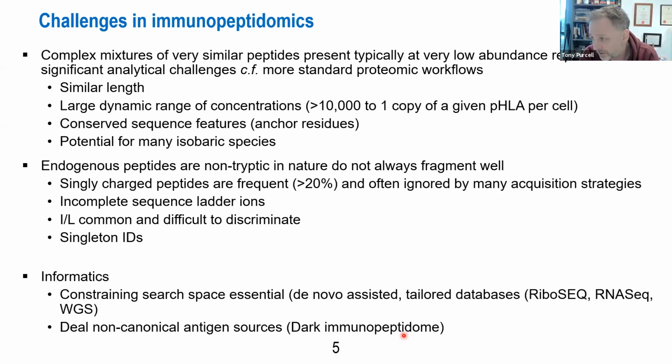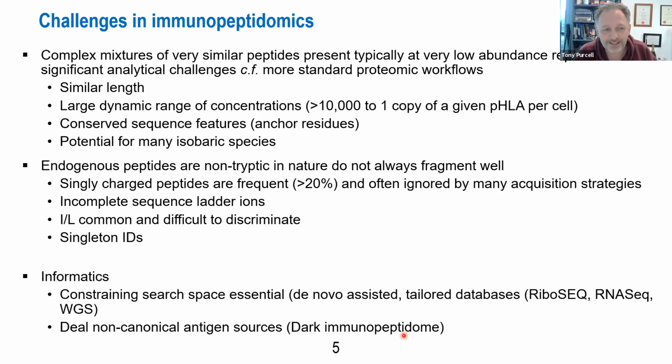So you saw in Kyle's talk that different HLA molecules have a preference for certain sequence features of the peptides. We call these anchor residues. These are residues of the bound peptide ligand that go down into the cleft of the HLA molecule and are involved in binding interactions. So they're somewhat conserved within the immunopeptidome of a certain immunogenetic background.